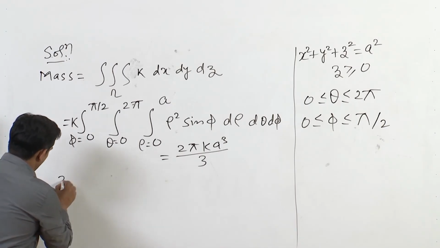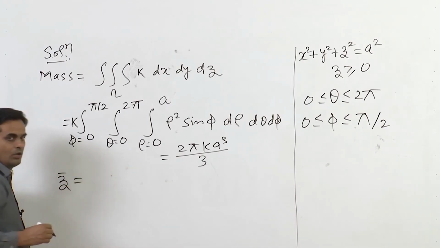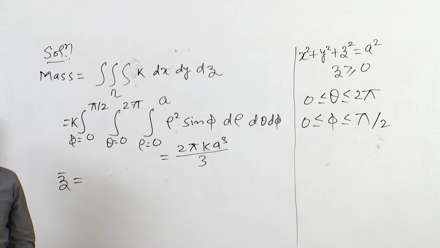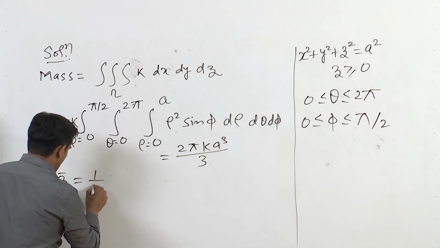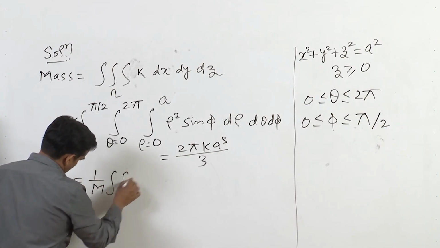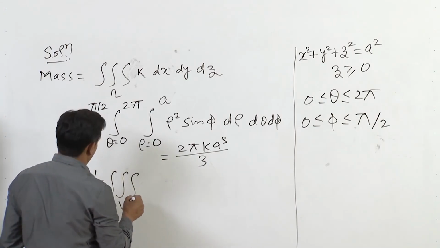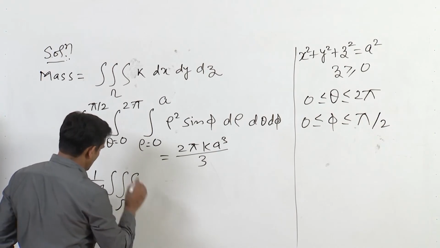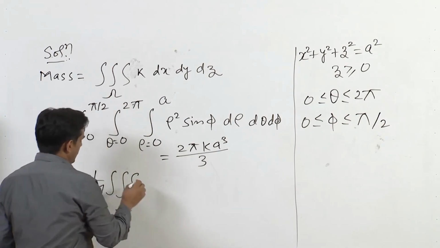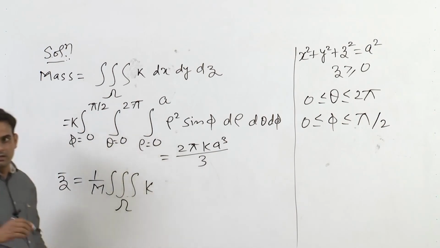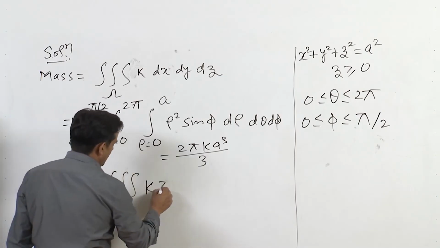Moreover, we need to calculate the z coordinate of the center of gravity. So, it is given by 1 over m times the integral over the region omega of k times z dx dy dz.